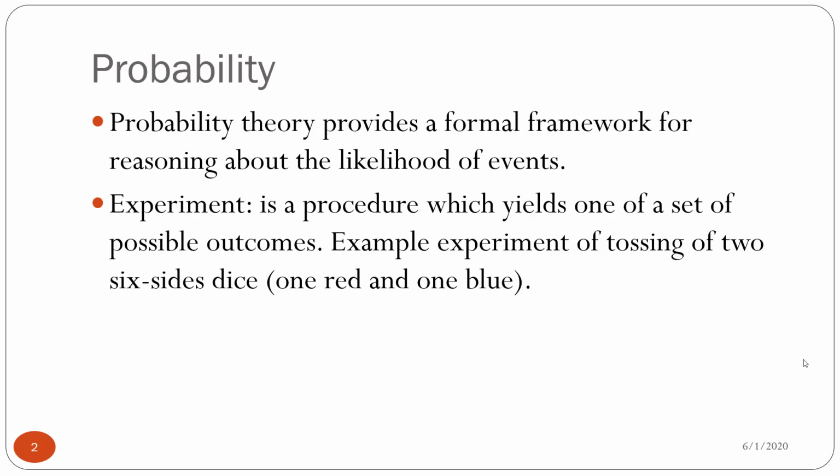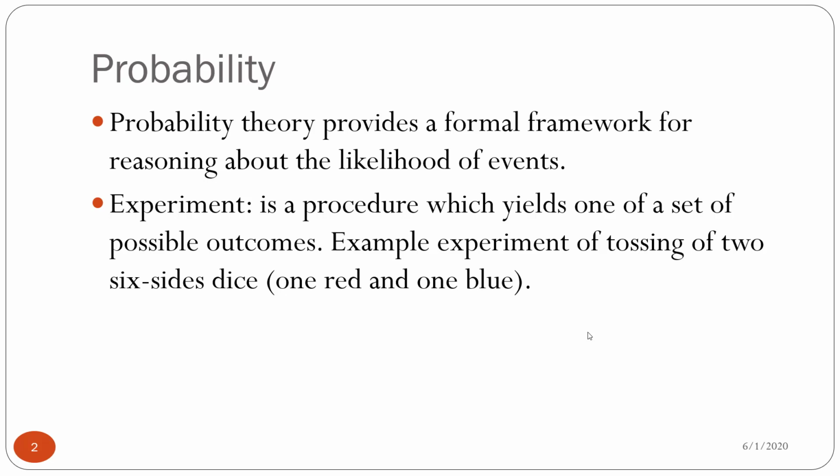So we will start with probability. What is probability? Let me start with this definition that says that probability theory provides a framework for reasoning about the likelihood of events. So the point is, where exactly we should be using probability. We will use probability in prediction models. A lot of predictions that we will be making would be based on probability.